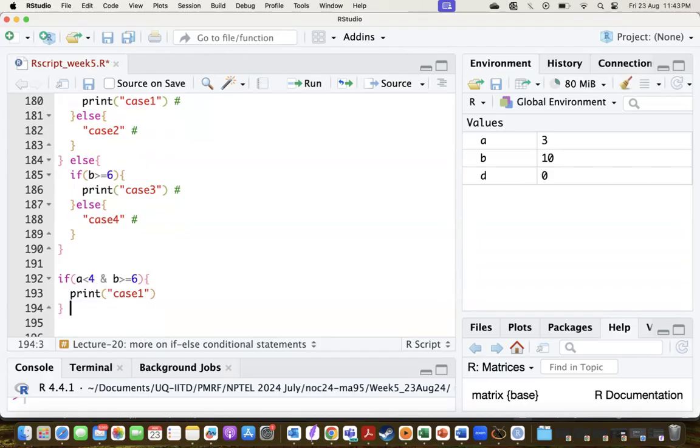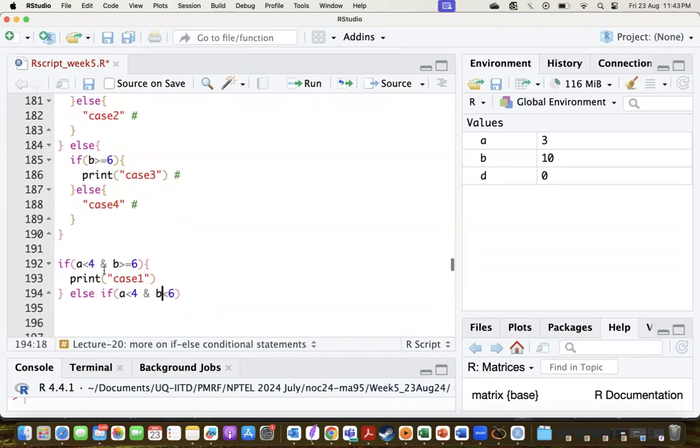Now I'll write else and I'll write if again. Here I'm going to write A less than 4 and B less than 6. So I kept the first thing consistent, but did the opposite for B.